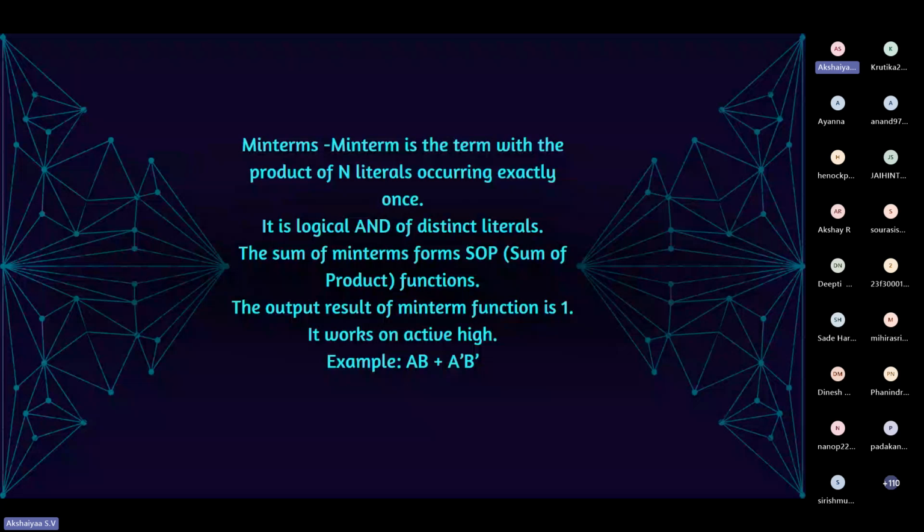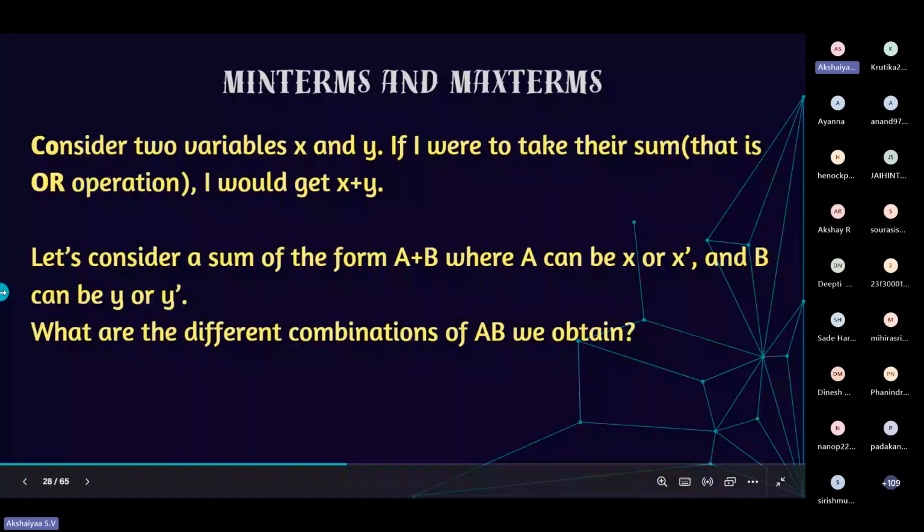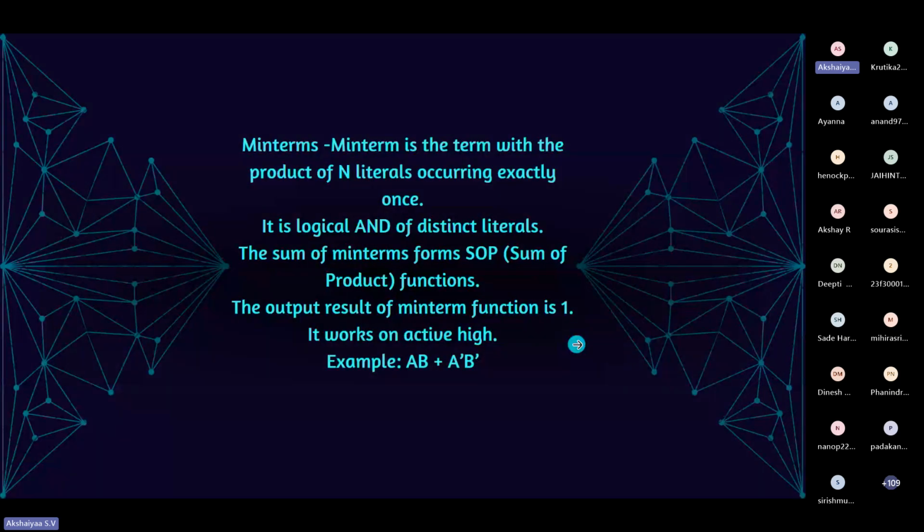So what do I mean by sum of min terms? It is some function like this, say AB plus A prime B prime. You might be wondering why it is of this form only. The thing is, the output of some min term function always has to be 1, and it works on active high. So if you take this, how is this min term function valid?